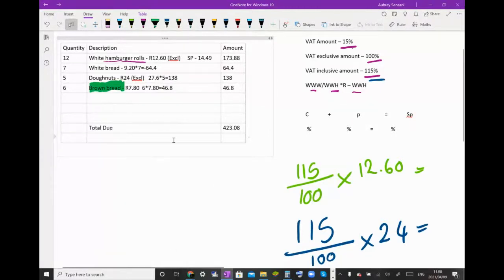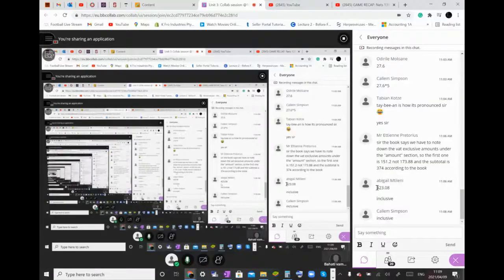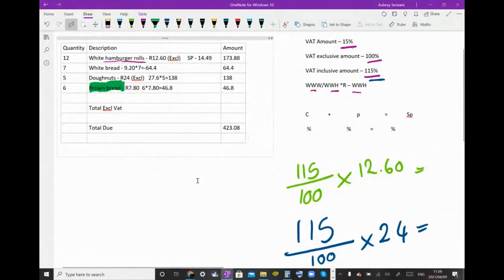So here now we're going to say total exclusive of VAT. Okay, then the subtotal is... wait, it just said that one amount. And then here's obviously the VAT amount.